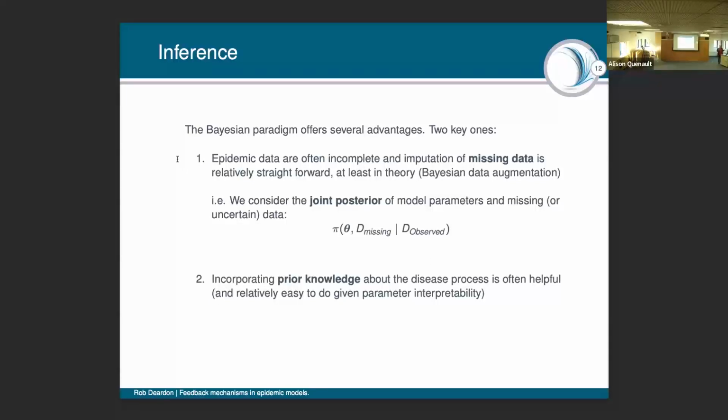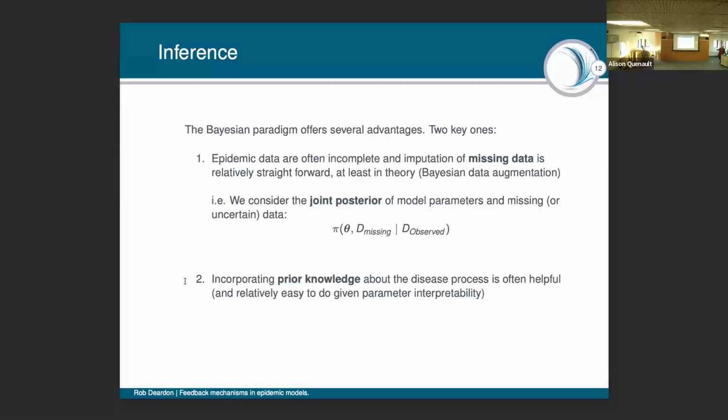You know when they have symptoms or there's a lab diagnosis, and so on. But in the Bayesian paradigm, we can take any missing data or data we have uncertainty about and augment our parameter set and consider the joint posterior of our model parameters, here only 2, and our missing data. In the analysis I show you today, we will be doing that. We're going to be essentially imputing our removal times, so assuming that we don't know those.